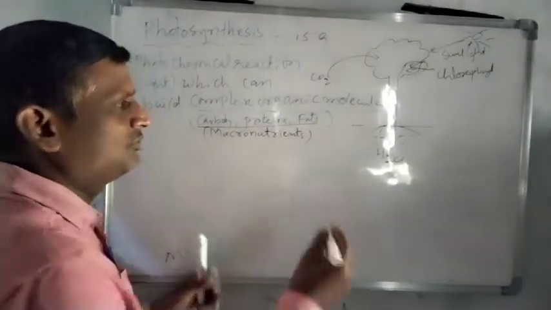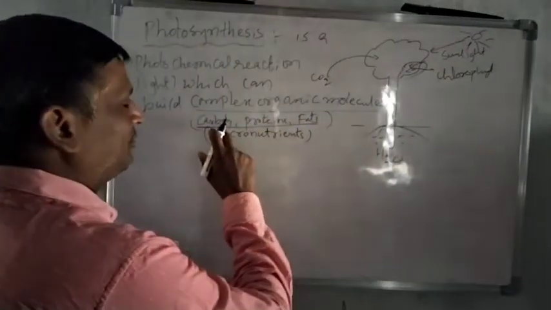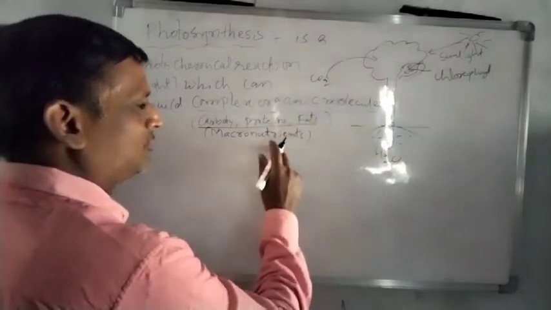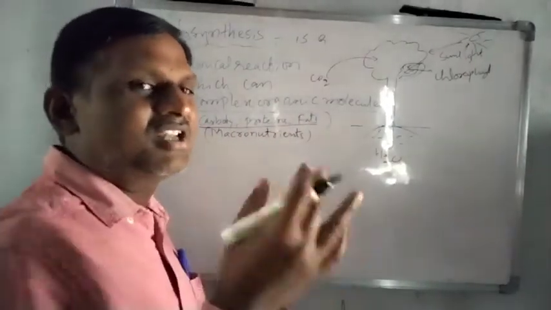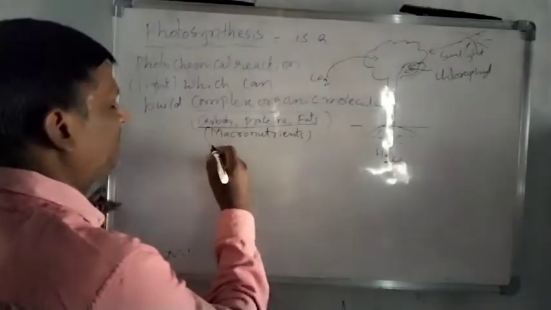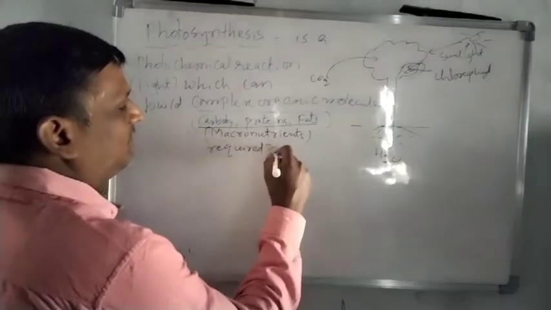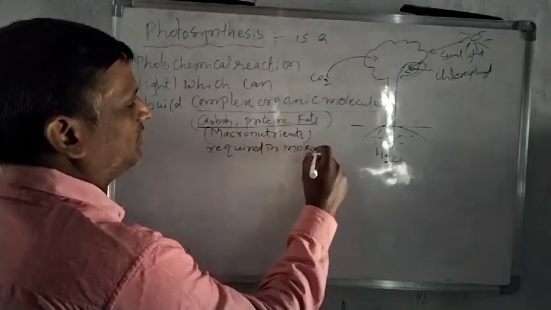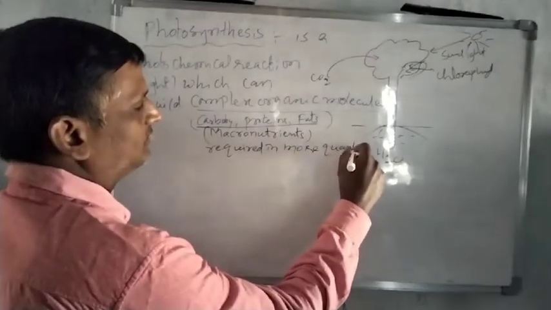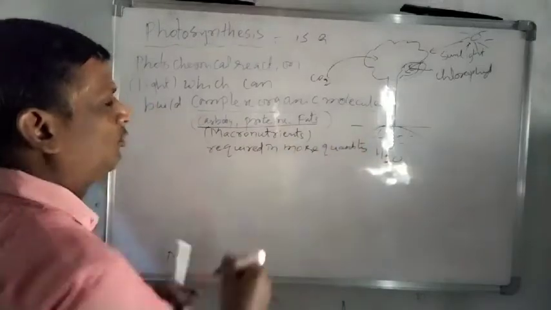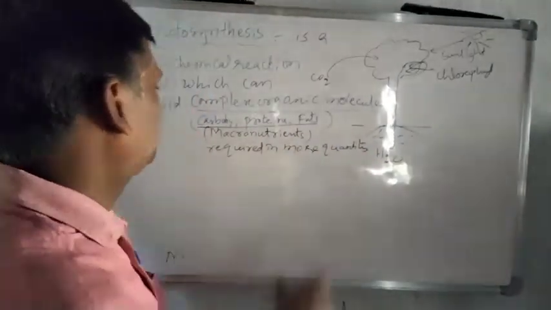Carbohydrates, protein, and fats are macronutrients. Macronutrients are required in larger quantities, more quantity for our body. So nutrients are two types.